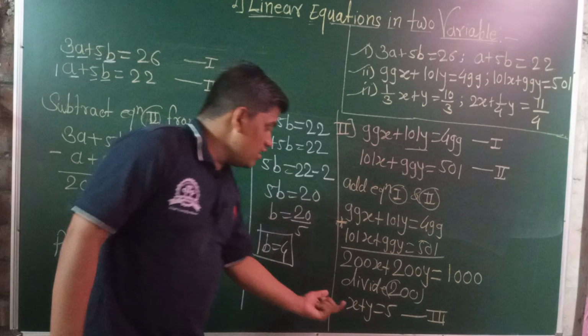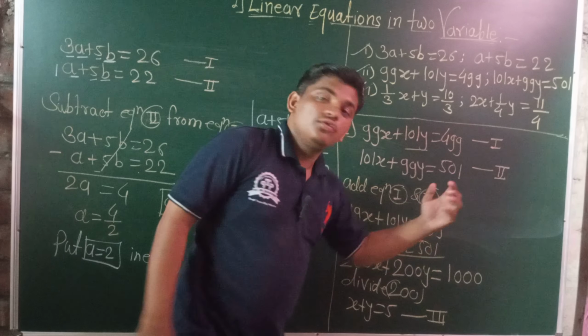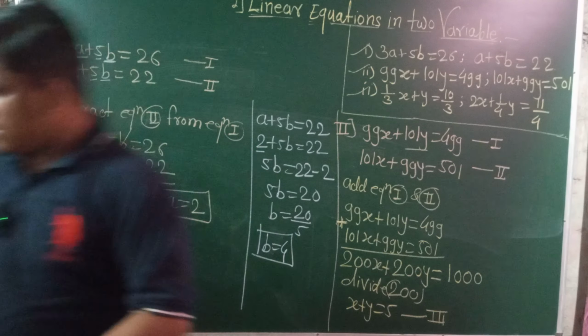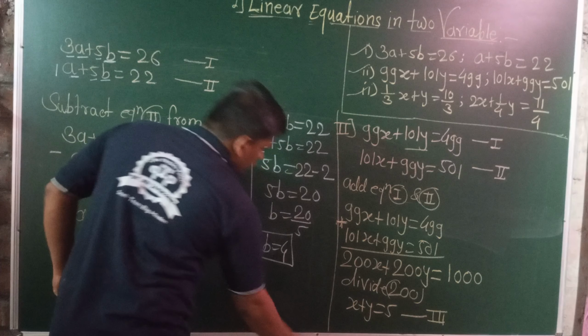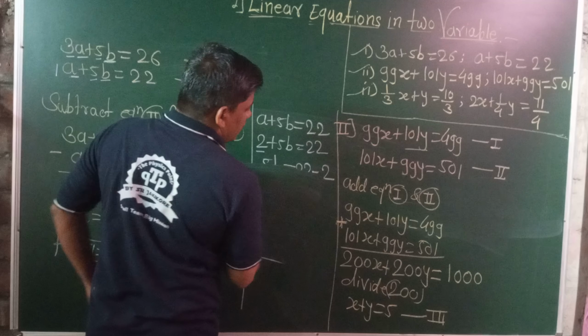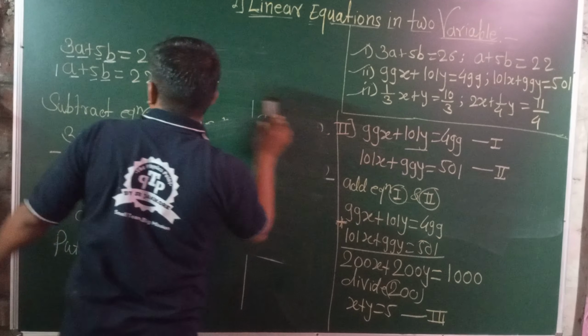Adding gives the third equation, x plus y equal to 5. Now subtract equation 2 from equation 1 or equation 1 from equation 2, any process.